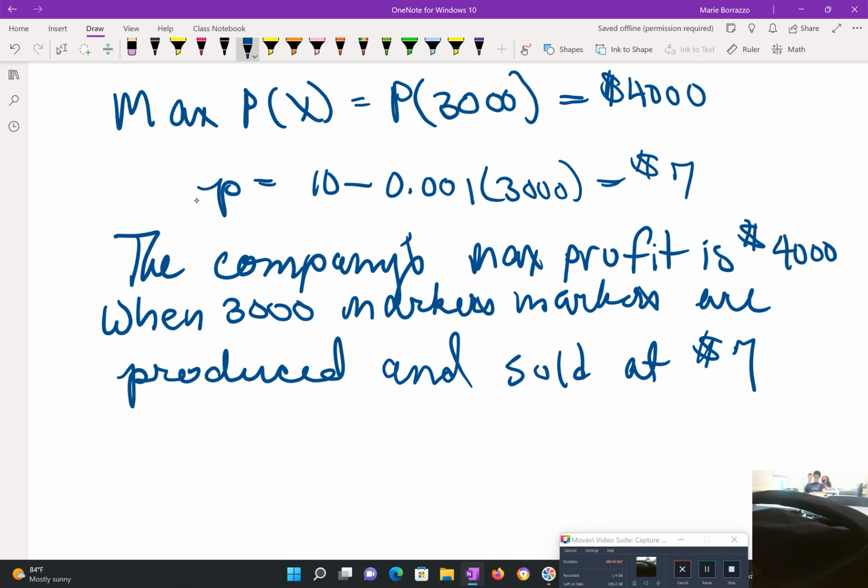Do you have the word markers spelled twice? I sure do. You're not seeing double. I might be seeing double at this point. What did I say here? When 3,000 markers are produced and sold at $7. Oh, okay, I see. Do you know what they call that?